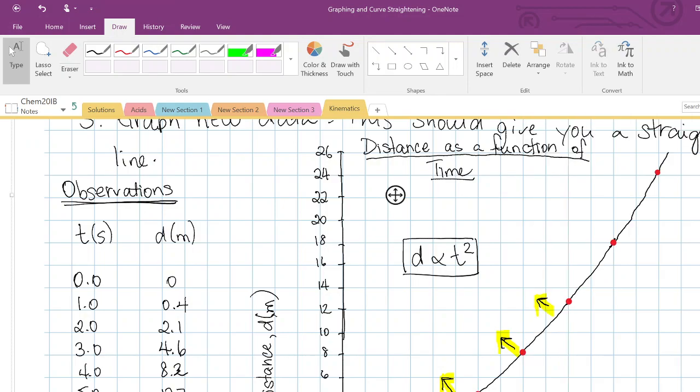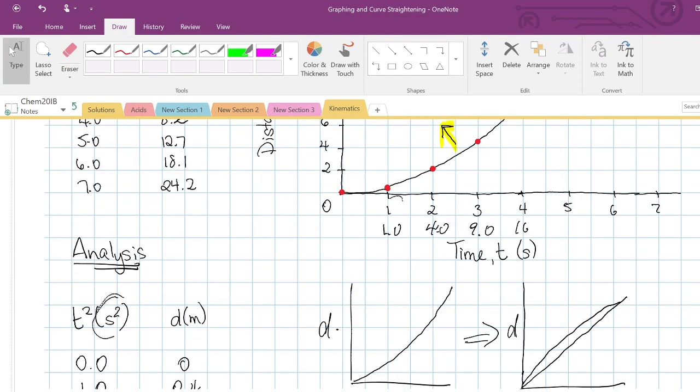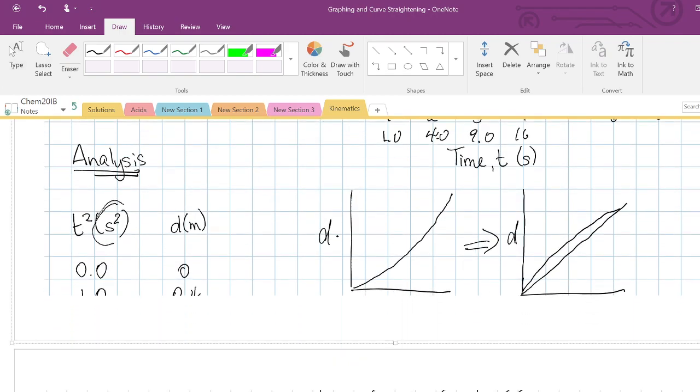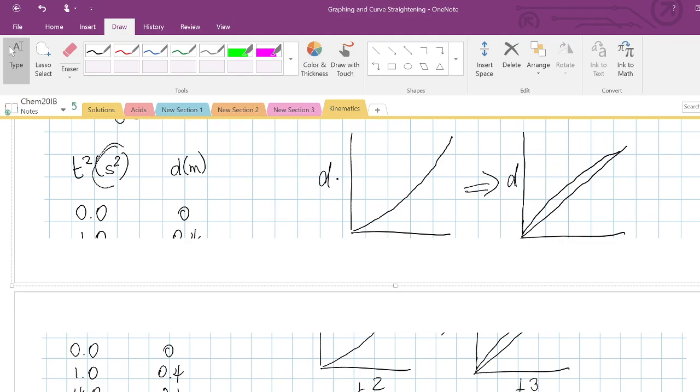Now I would move into my analysis portion, and my table's gotten cut here. But I would come here and I would say, well, now to analyze this, I'm going to change my x-axis or my manipulated data so that I square each of those data points.